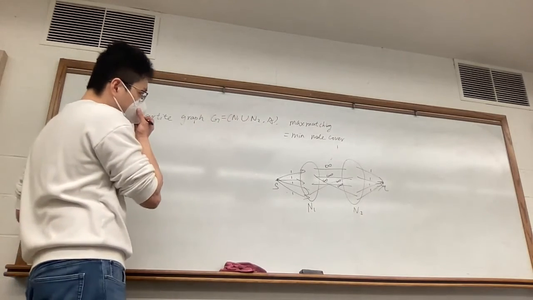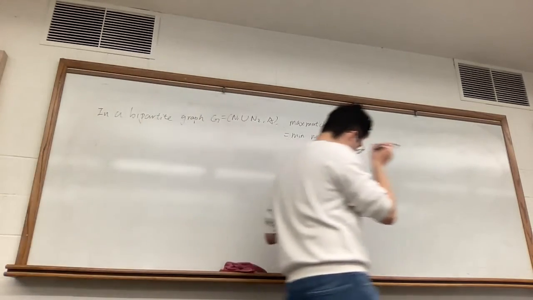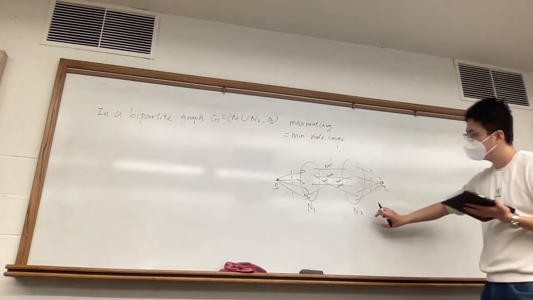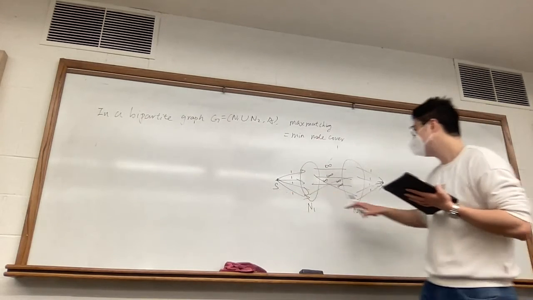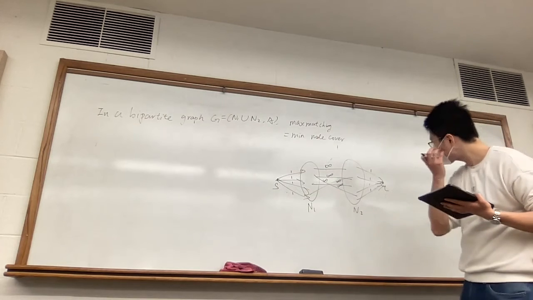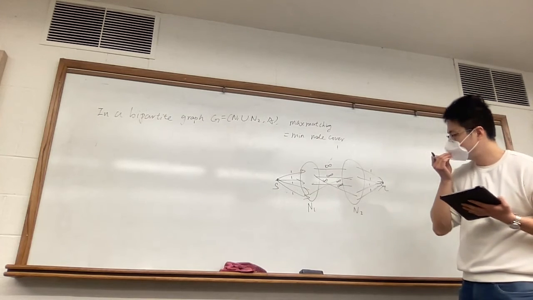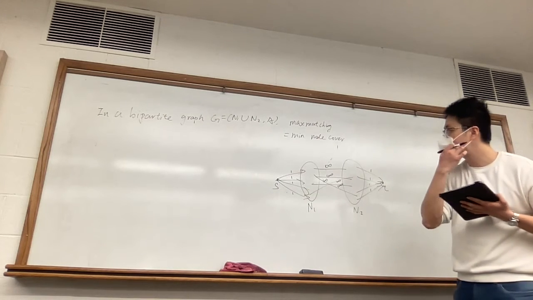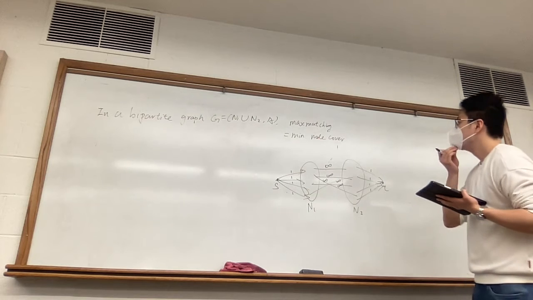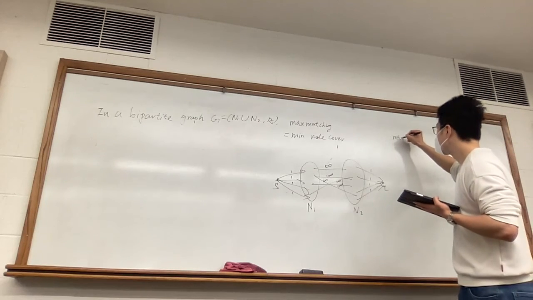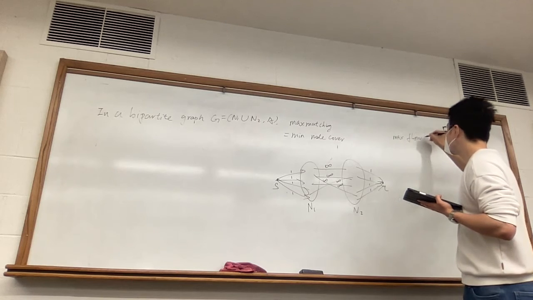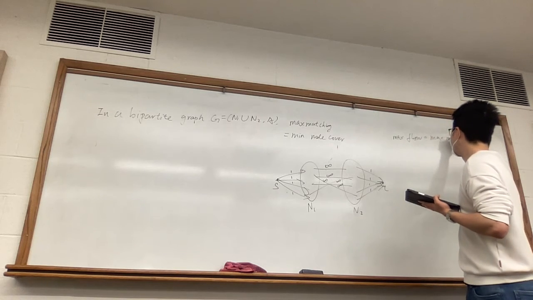Okay. So now I've constructed this network. I have artificially added S and artificially added T. Then we find the max flow. I want to claim that the max flow is just equal to max matching.